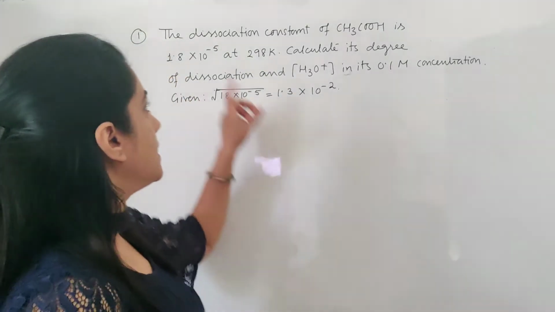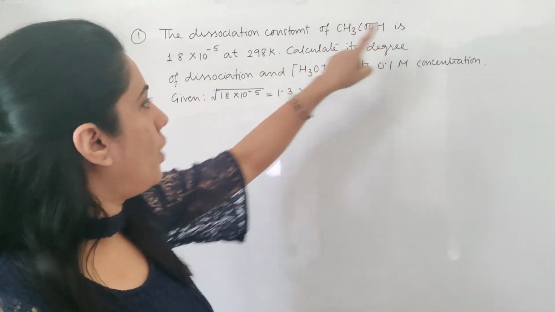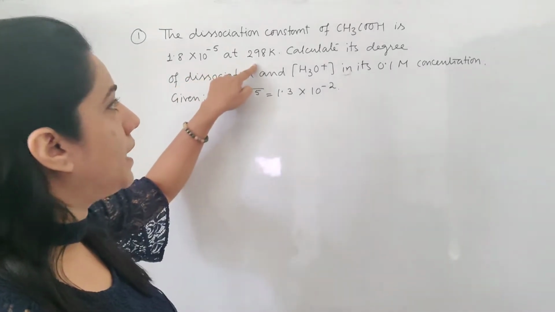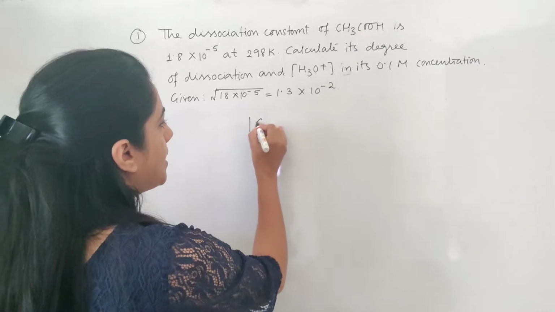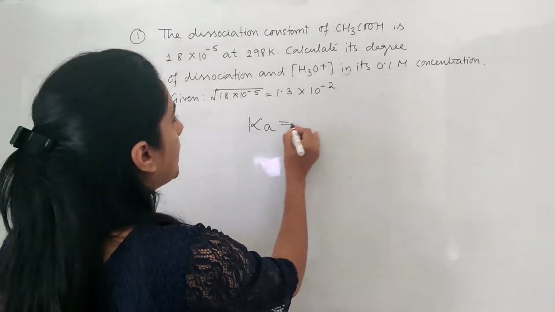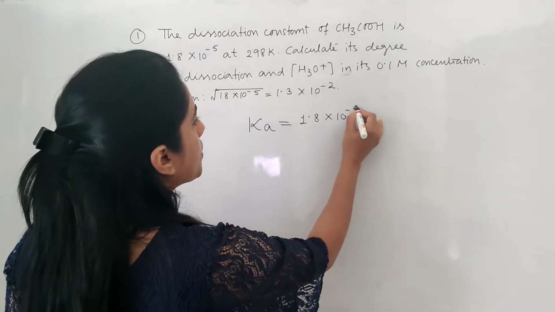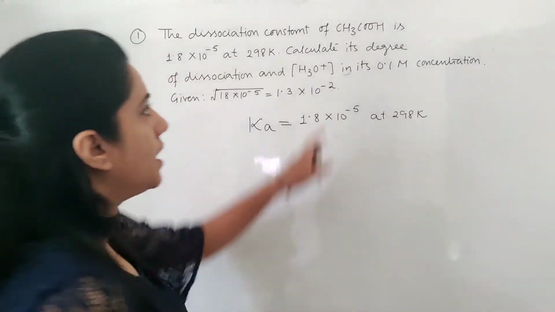Our first numerical is: the dissociation constant of CH3COOH is 1.8 into 10 raised to power minus 5 at 298 Kelvin temperature. So dissociation constant of an acid is denoted by Ka. The value of Ka is 1.8 into 10 raised to power minus 5 at 298 Kelvin. This is given to us.